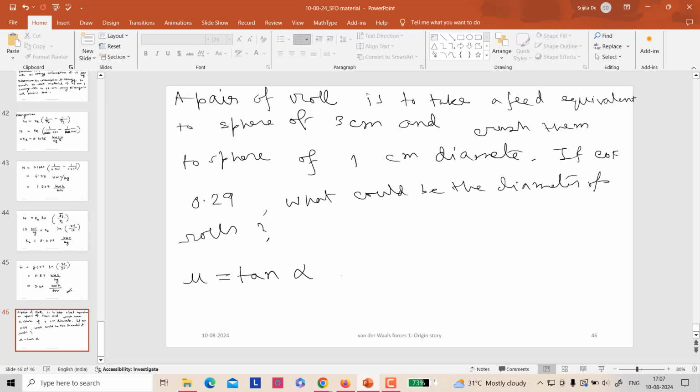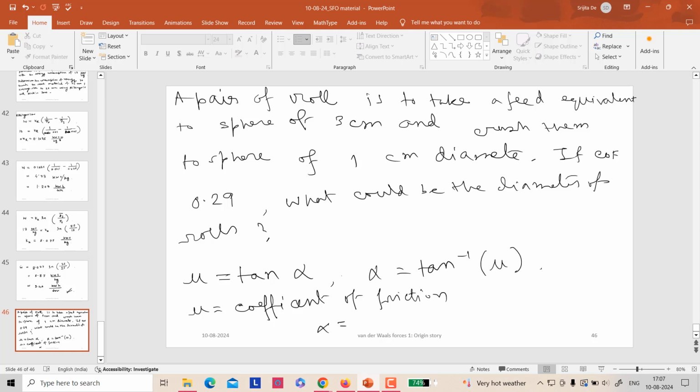So alpha is tan inverse of mu, where alpha is the angle of nip, right?